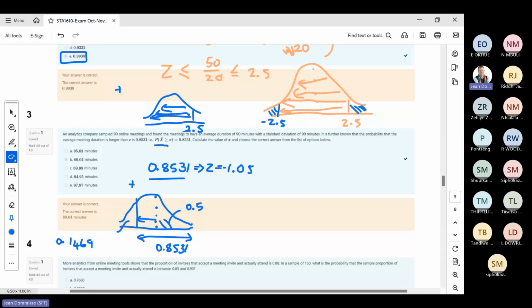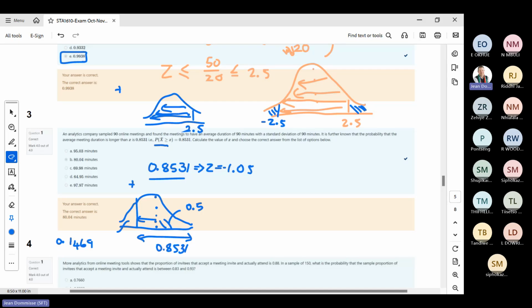Does everybody else also get that? So the Z value for 0.8531 is actually 1.05. Okay, cool.